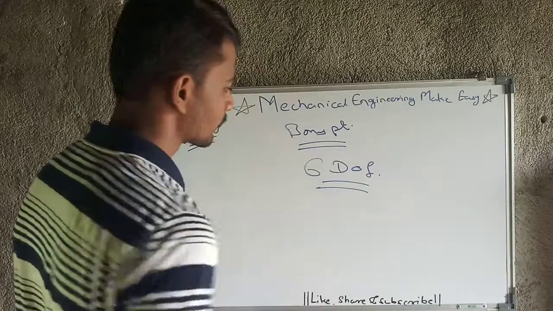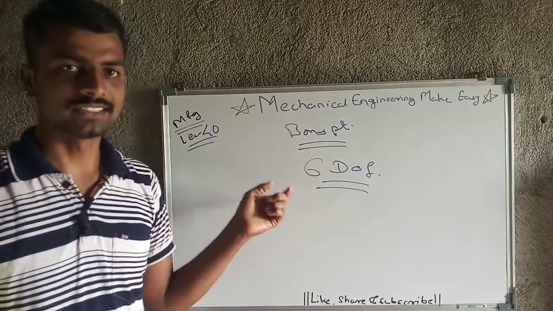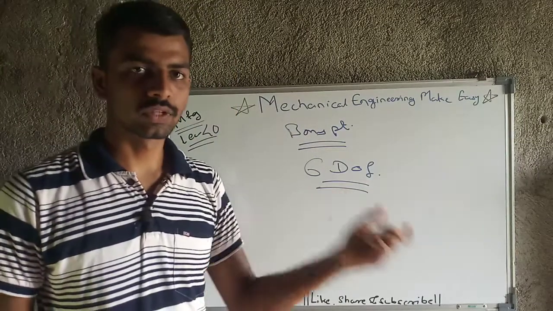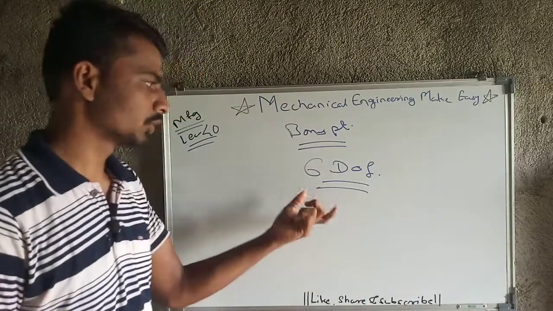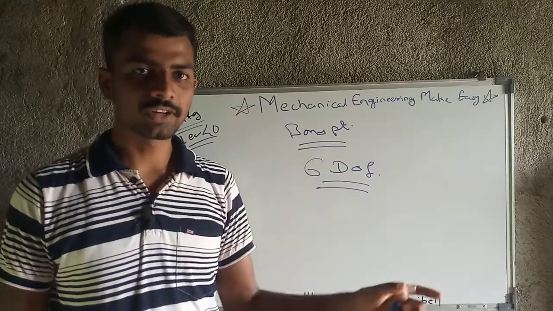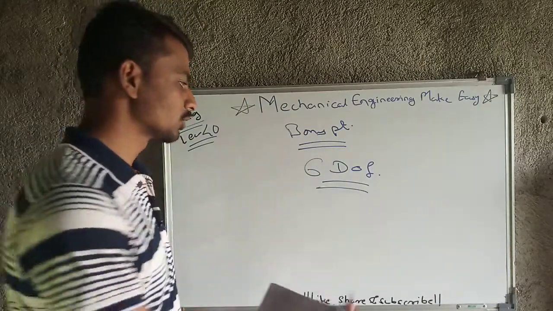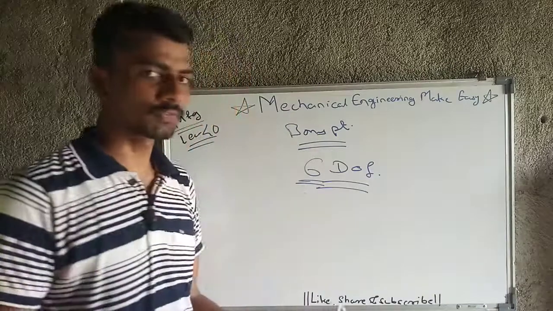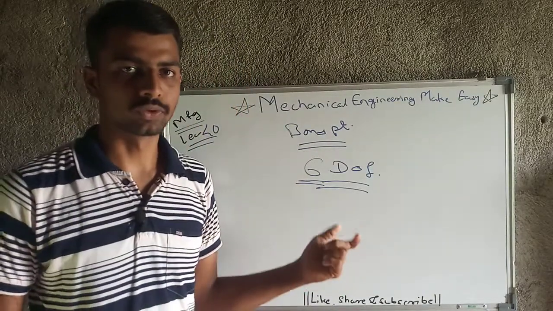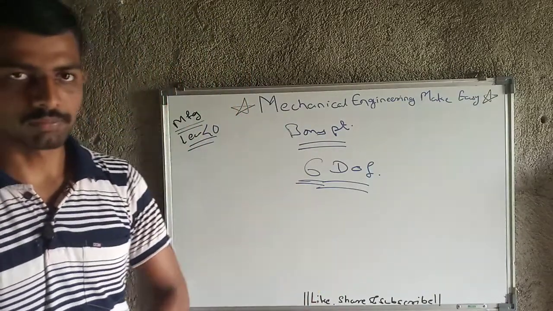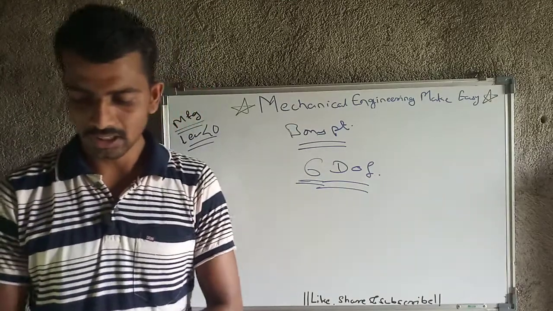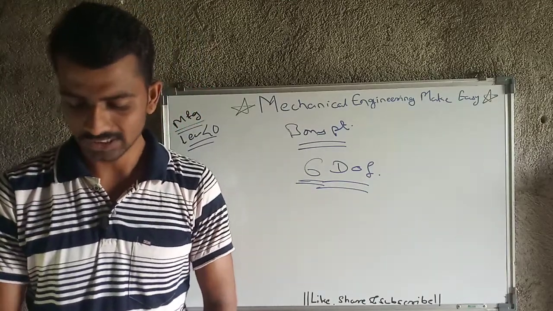In our design subject, there is also one term, degree of freedom, and here also there is one term, degree of freedom. That degree of freedom is the same here, and we need to consider all 6 degrees of freedom while designing jigs also.